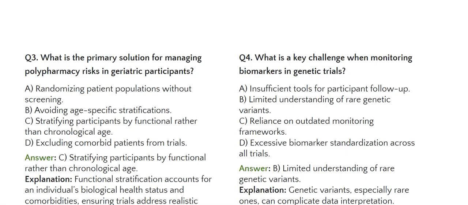The answer is B, limited understanding of rare genetic variants, as genetic variants, especially rare ones, can complicate data interpretation. Bioinformatics tools and consortia are essential for accurate variant analysis and therapeutic adjustments.